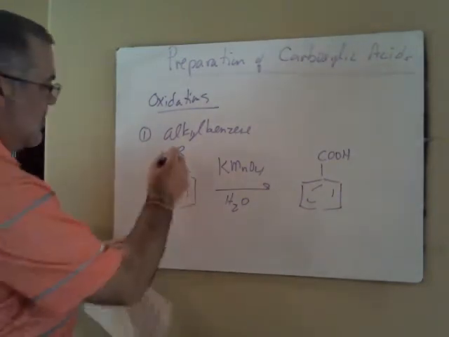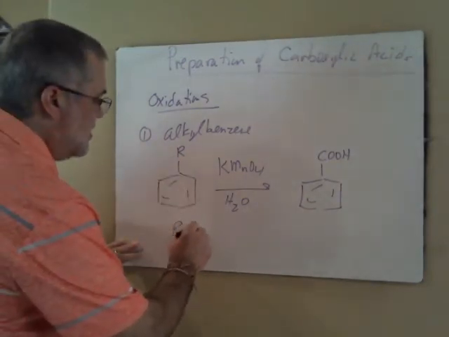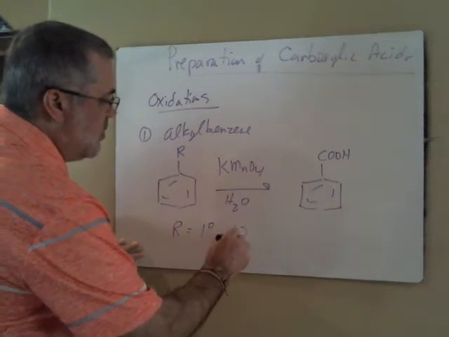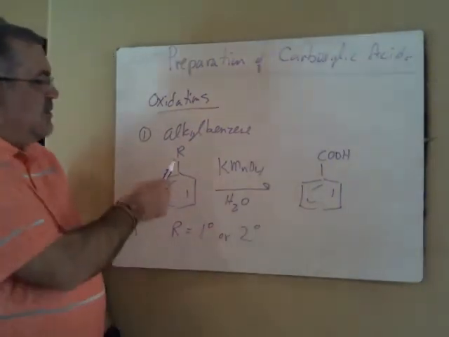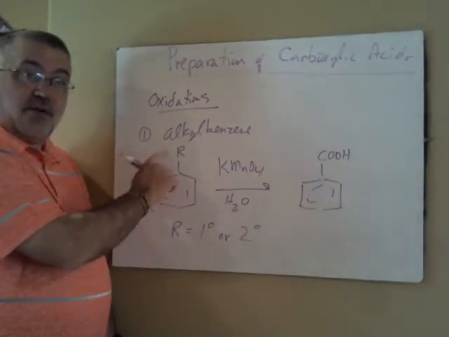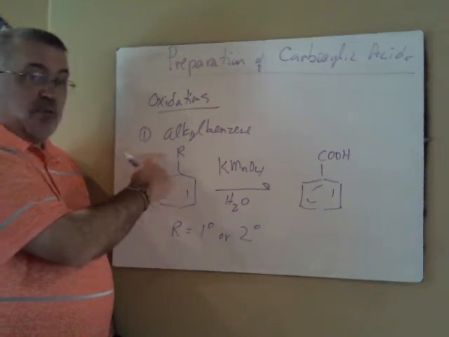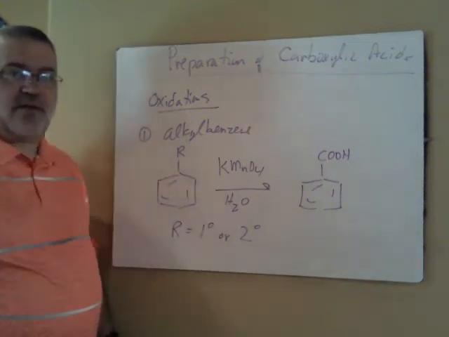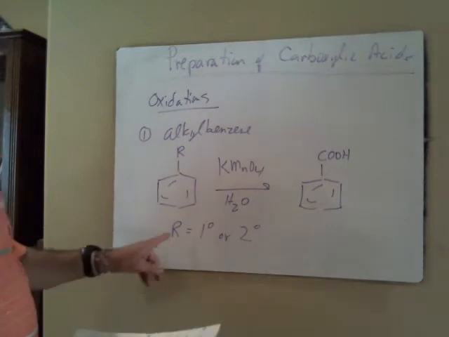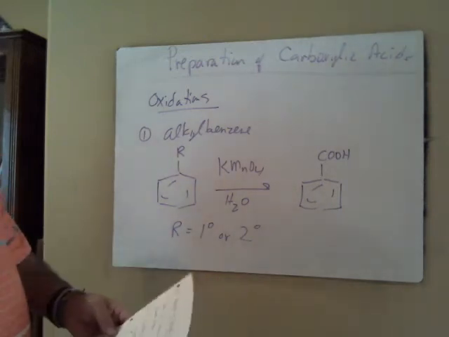Remember, this R group had to be either primary or secondary. If this was tertiary and there was no benzylic proton, then the oxidation wouldn't work. So that's review. Just make sure you go back and look at that.